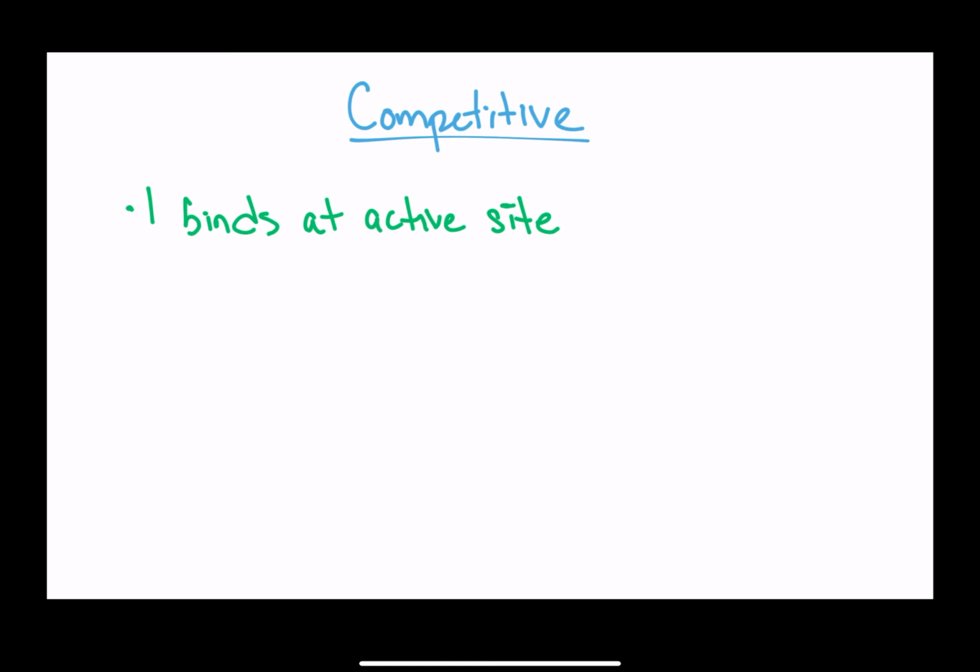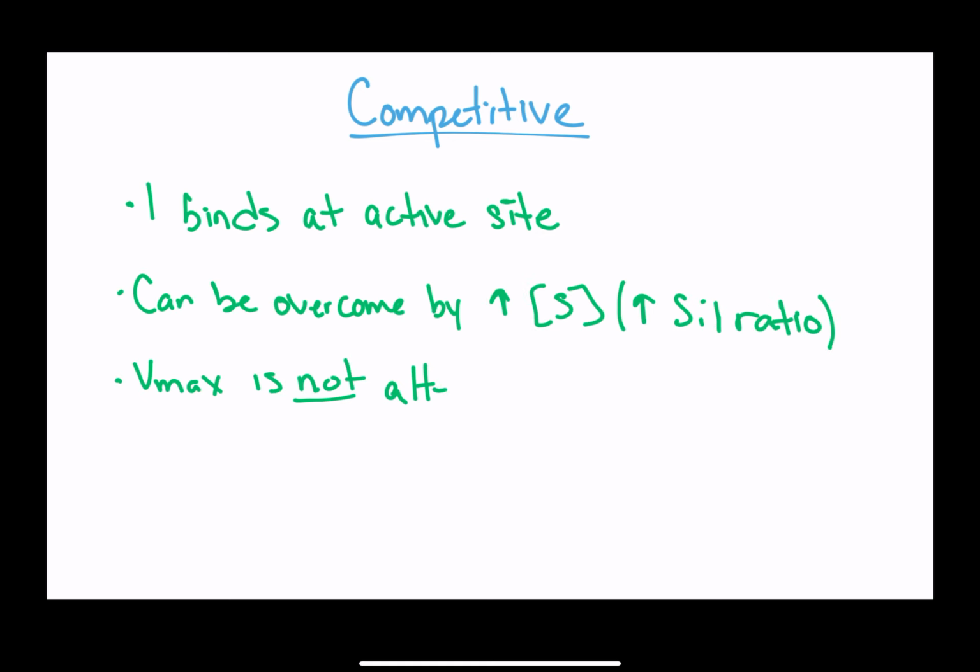So if we increase the substrate to inhibitor ratio, that means that it's more likely that the substrate will bind versus the inhibitor and will essentially overcome this type of inhibition, right?